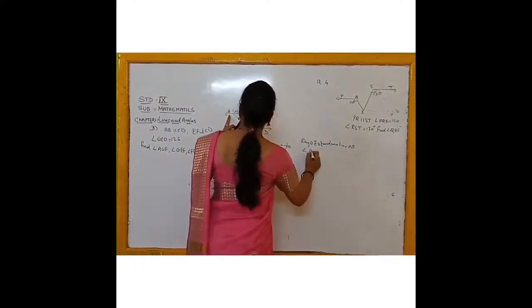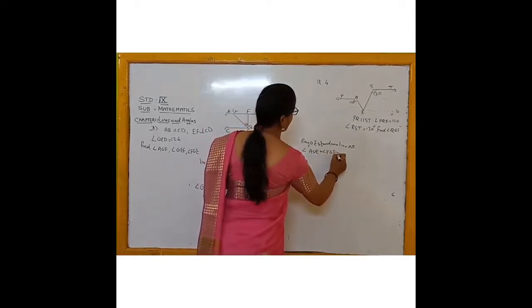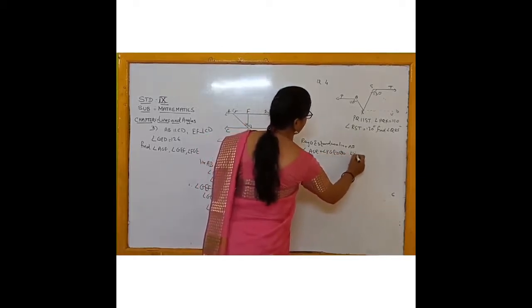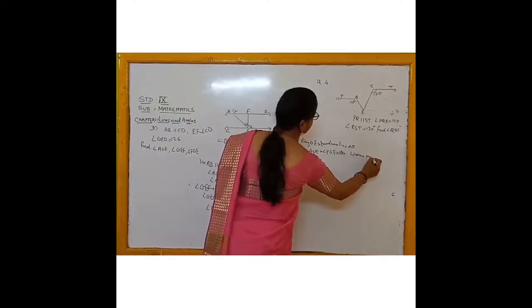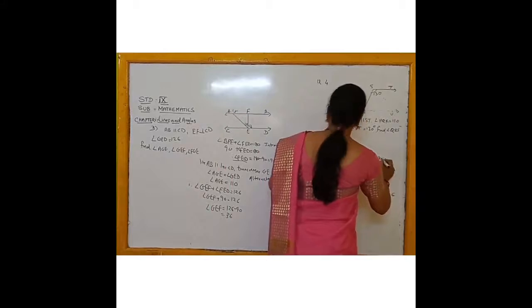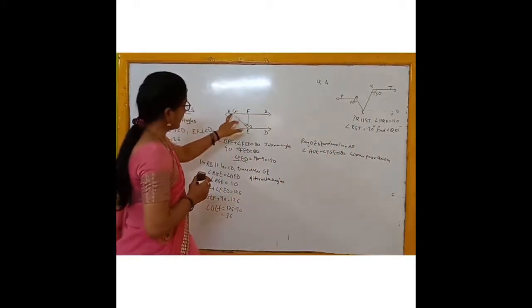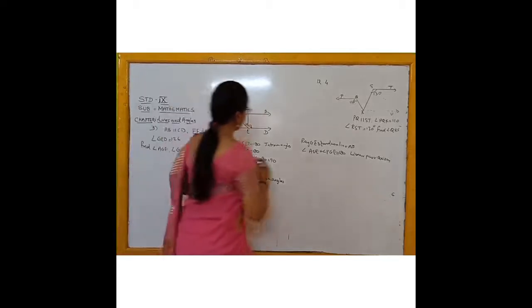Therefore, angle AGE plus angle FGE is equal to 180. Why? Linear pair axiom. These two form the linear pair. So measure of this angle is 126. AGE is 126.